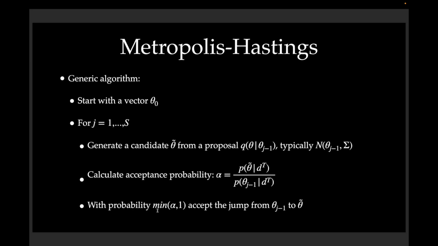So if this probability, this alpha, is 1 or higher, so if my value of the posterior density function is larger than my old value, I accept the jump. I have a draw, okay? So I accept the jump from theta j minus 1 to theta tilde, and I call this theta tilde then theta j. And I'll increase my j and go to 2.